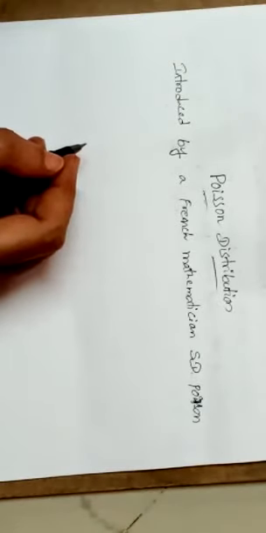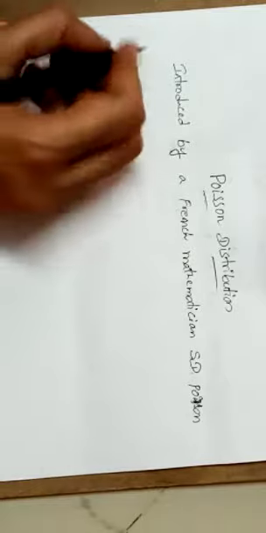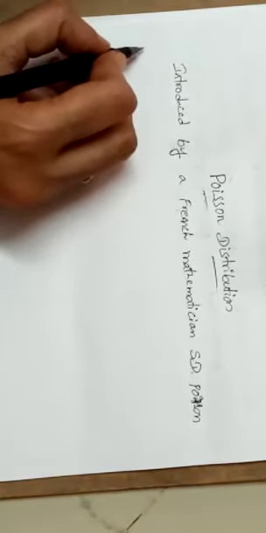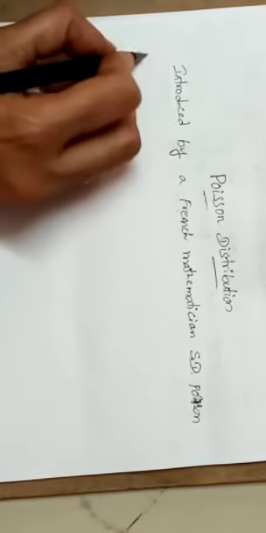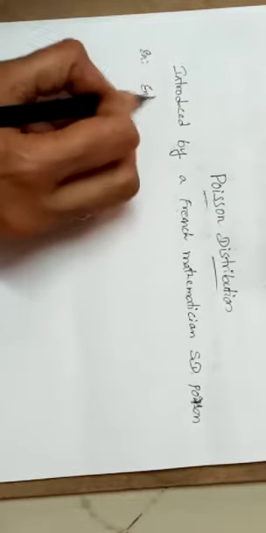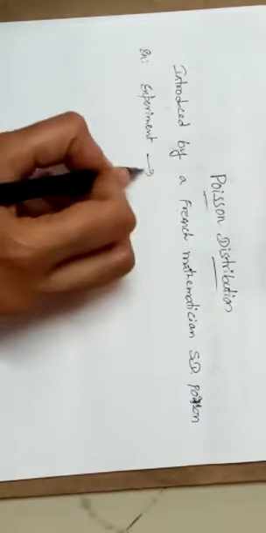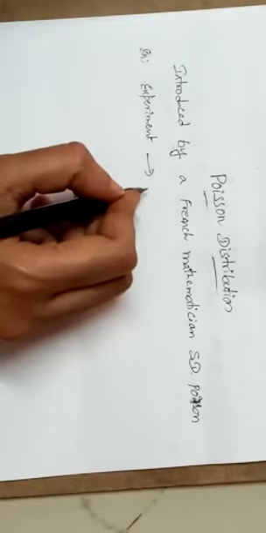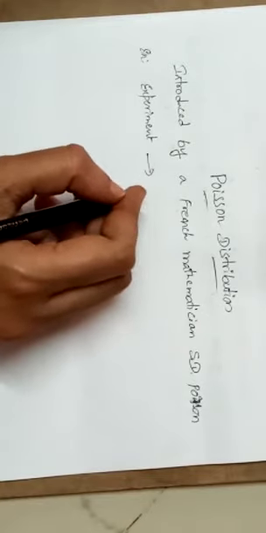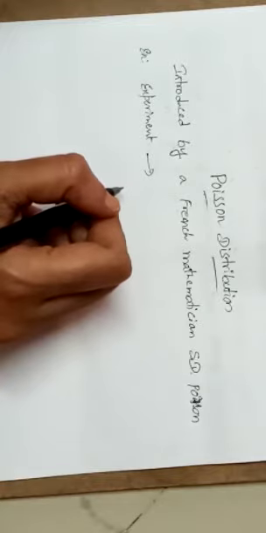For example, you can take an experiment, and whenever you do an experiment, it may involve any number of trials to get the success.